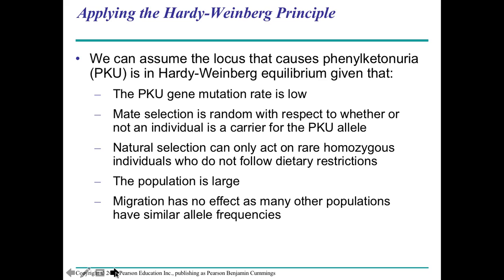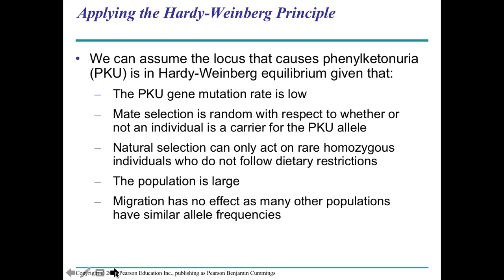So, when we're looking at this Hardy-Weinberg principle, here's an example of a locus that causes PKU, which is basically just a disorder. For PKU, the gene mutation rate is low. Mate selection is random with respect to whether or not an individual is a carrier of the PKU allele.